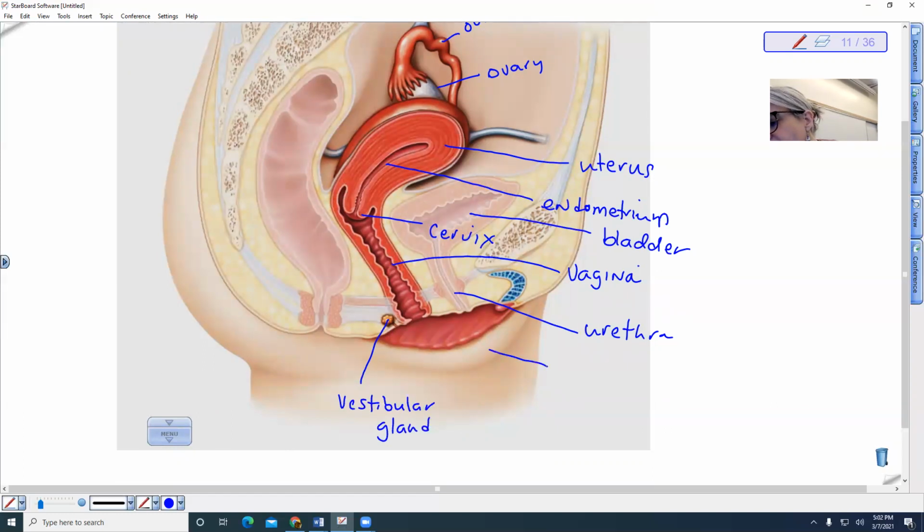And this would be like the labia majora. And this is the labia minora. Now in females, the erectile tissue that is in the penis, we have it in a structure called the clitoris.